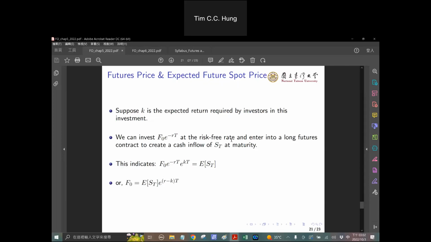We are taking expectations at time 0. ST we don't know, so we cannot take it out. F0 can be taken out. The discount rate, T, K, everything is known at time 0. So at the end, we can express things as F0 equals the expectation of ST multiplied by exponential of power R minus K multiplied by capital T. Yes, question?